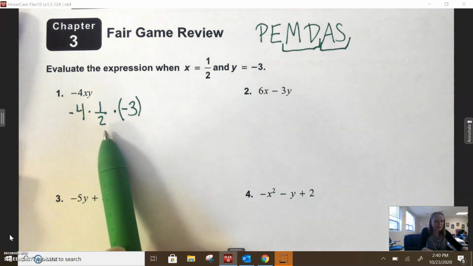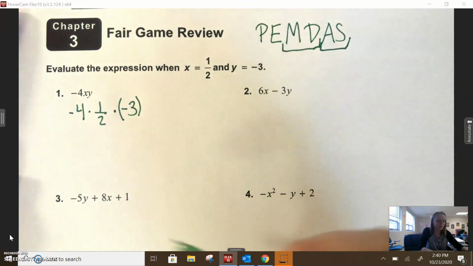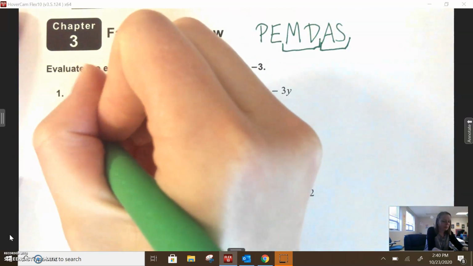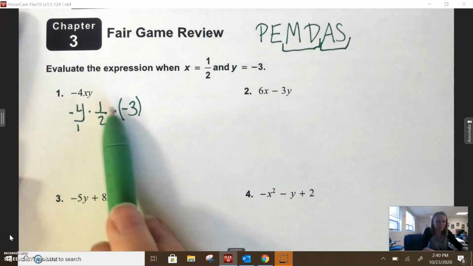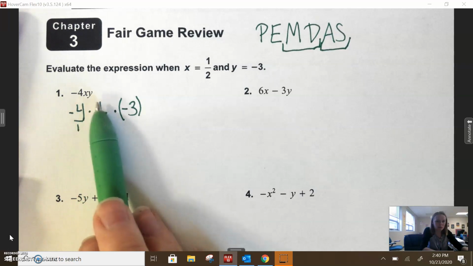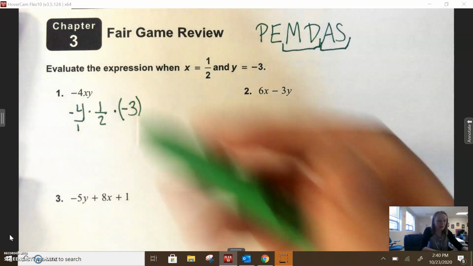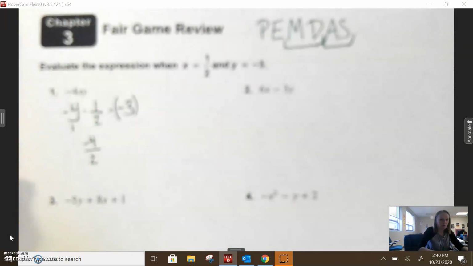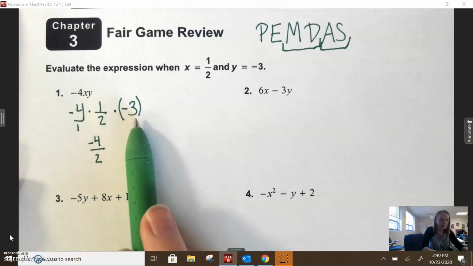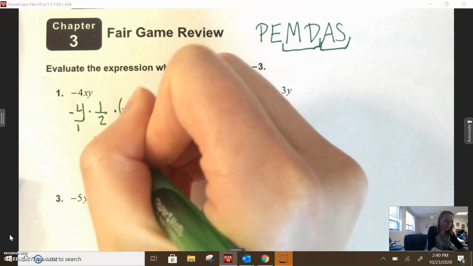If I take -4 and multiply it by 1/2, I would need a denominator under -4 so that I can multiply my numerator. So the numerator would be -4, the denominator would be 2. So I would have -4 over 2, and I still keep everything after that the same.